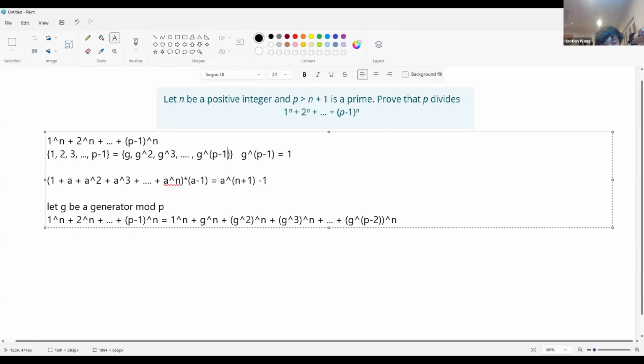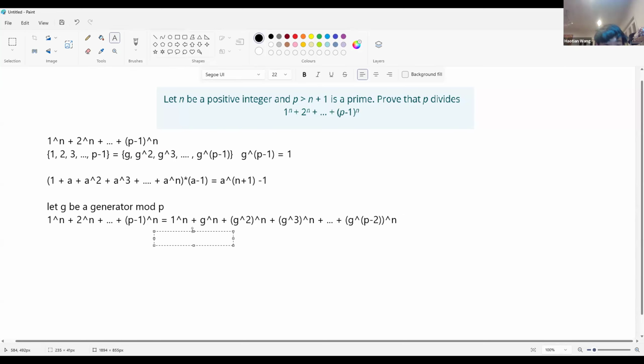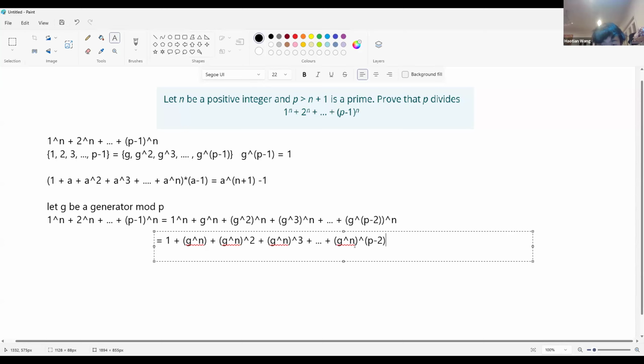Okay, and that is equal to 1 plus G to the N plus G to the N squared plus G to the N cubed plus all the way up to G to the N to the power of P minus 2.